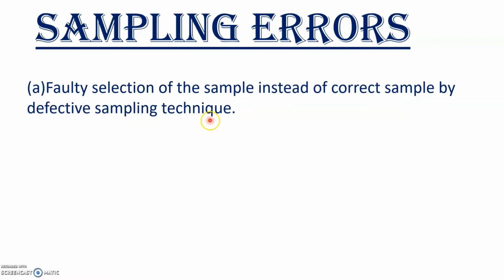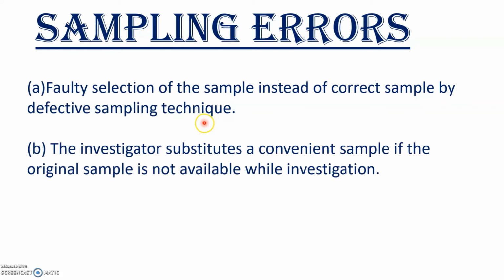For example, the population is heterogeneous, so there are many strata within the population, but you ignore the strata and do a simple random sampling, or a systematic sampling. Then you have not grouped the strata properly, and the samples are not properly representing the population. So a wrong sampling technique can affect your method of investigation.